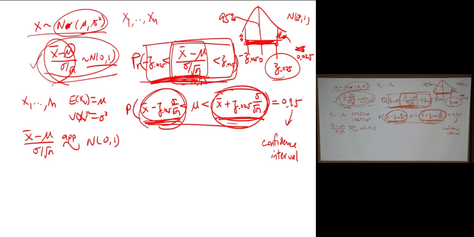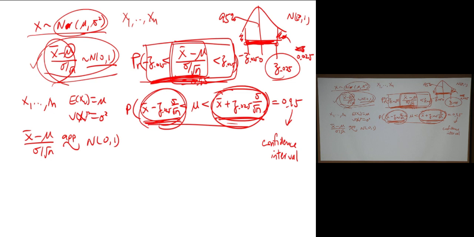Strictly speaking, you cannot. This formula needs to know sigma. Are sigma squared and S squared the same thing? No. Sigma squared is a constant about the population. Although we don't know it, it is a constant.